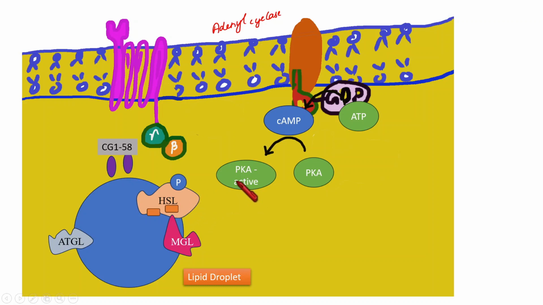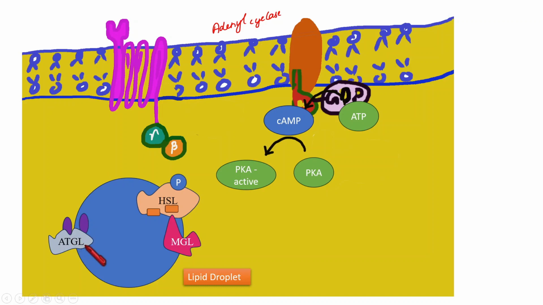Then PKA does one more activation, by adding a phosphate group to CG158. After activation by this phosphorylation, CG158 moves and associates with the ATGL and activates this enzyme.